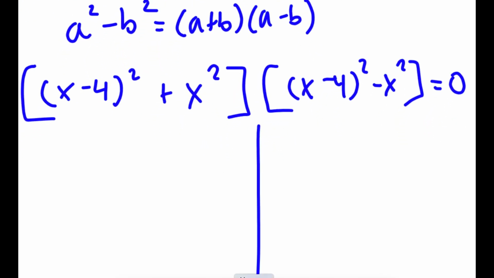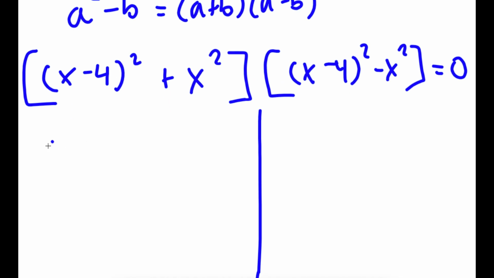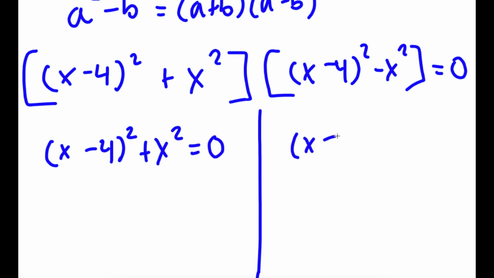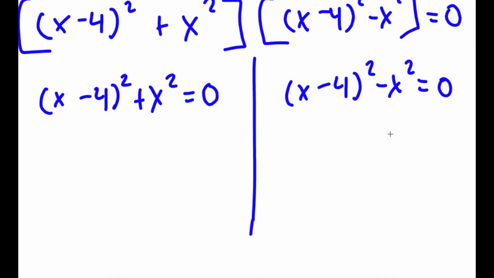So now this gives me two equations. I have (x - 4)^2 + x^2 = 0, and now I have (x - 4)^2 - x^2 = 0. To simplify this, I'm going to expand. (x - 4)^2 is equal to x^2 - 8x + 16.